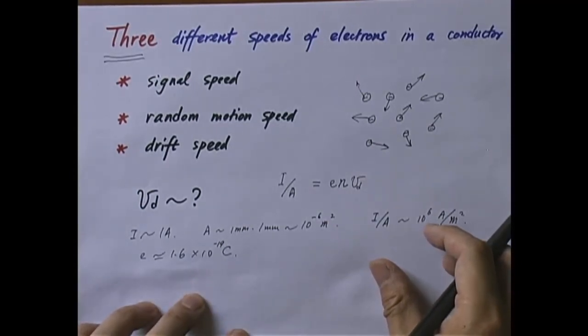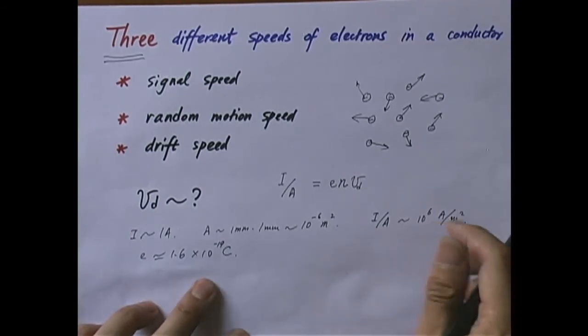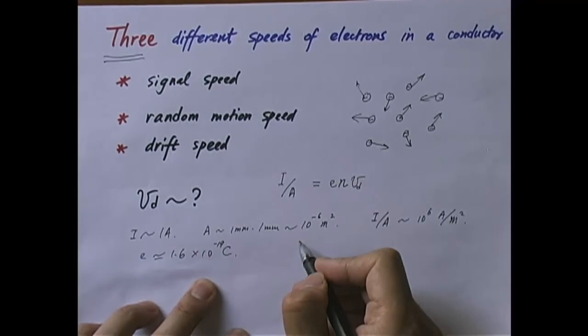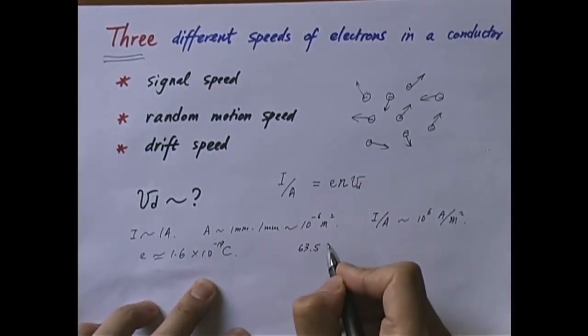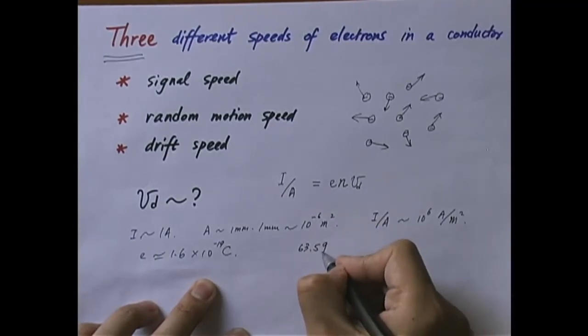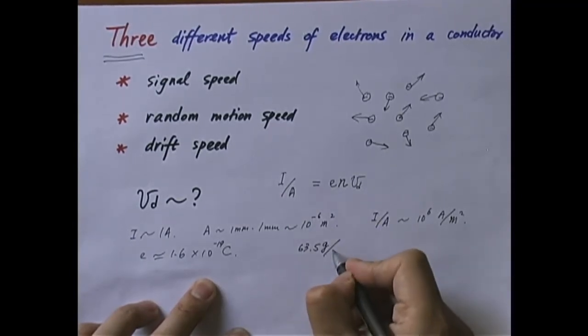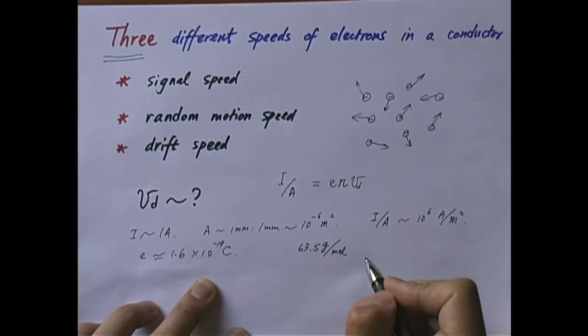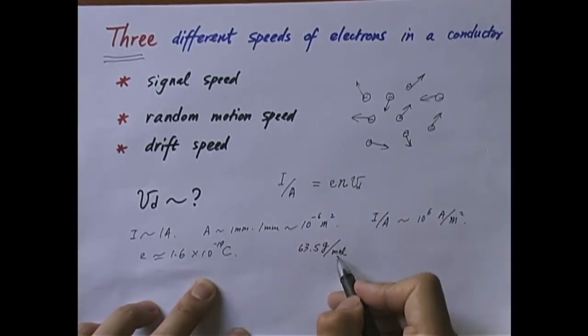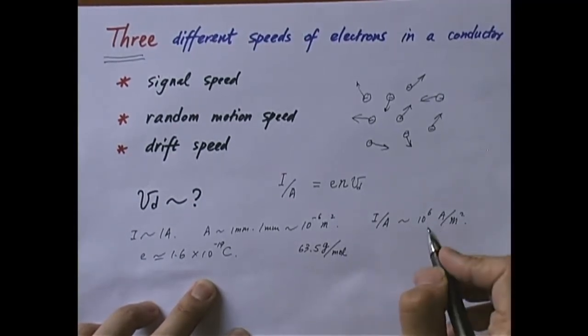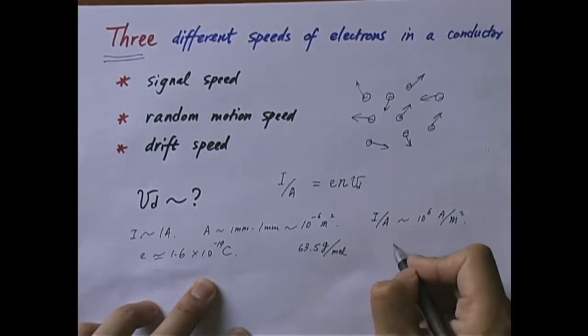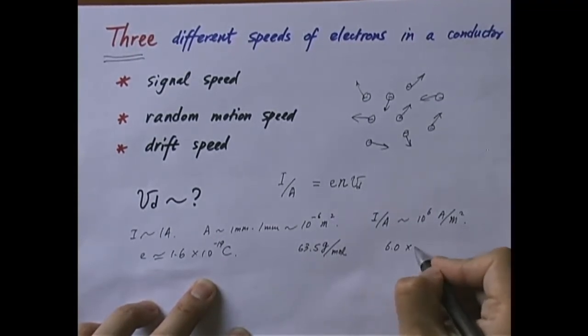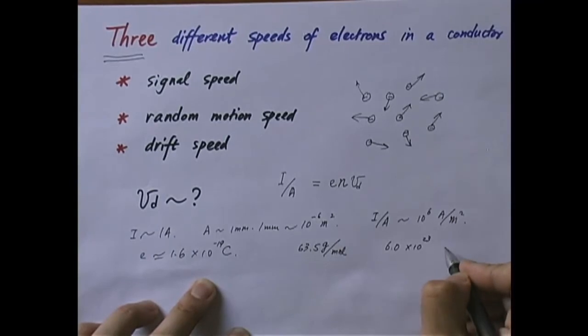How many grams of copper will make up 1 mole of copper atoms? We know that equals about 63.5. So every 63.5 grams of copper has 1 mole of copper atoms in it. And each mole, of course, has Avogadro's number of copper atoms, about 6.0 times 10 to the 23 per mole.